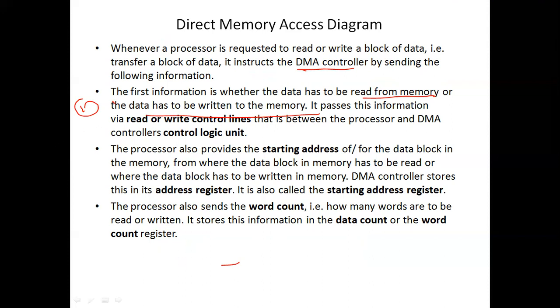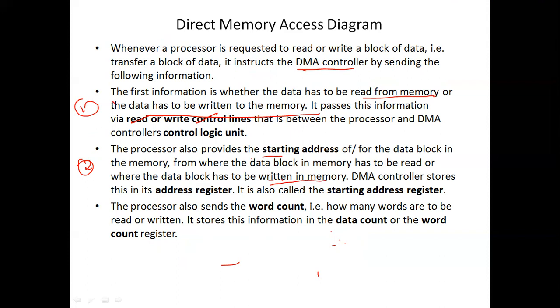Through the read or write control lines. And next, the processor also provides the starting address of the block of data in the memory, from where that block has to be read or to where it has to be written.